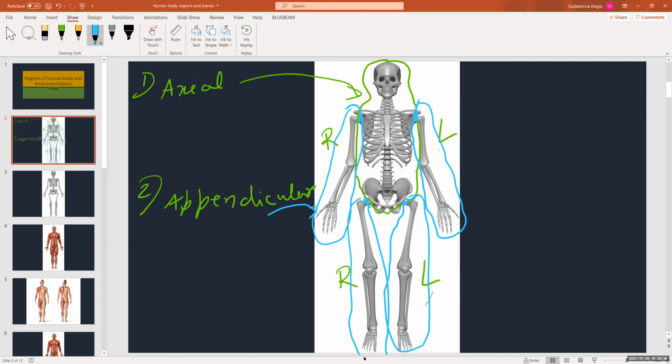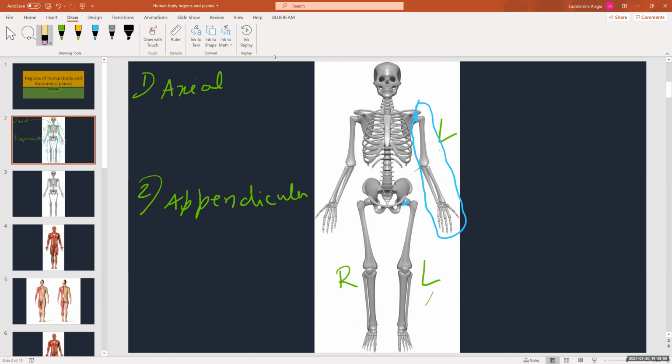So this is appendicular. Axial, head, neck, torso. Appendicular, appendages or limbs. Okay, with that in mind, now let's start identifying the different sub-regions.